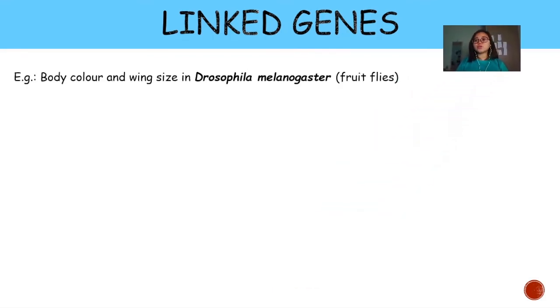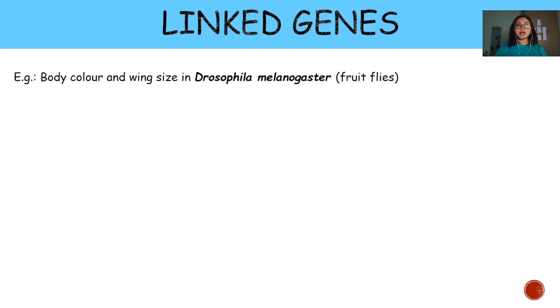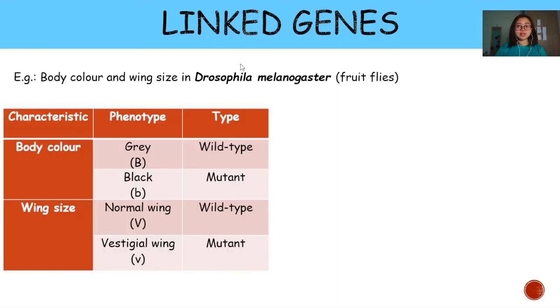Okay, we're going to use the example of Drosophila, lalat buah. So we'll look at the body color and also the wing size in Drosophila melanogaster. Okay, itu nama scientific untuk lalat buah. So you can have body color that is gray, controlled by big B, or you can have body color of black, controlled by small b.